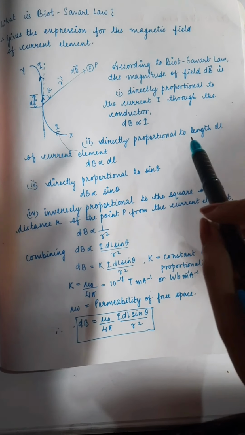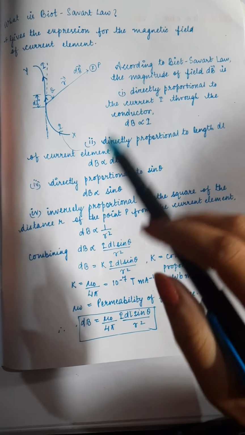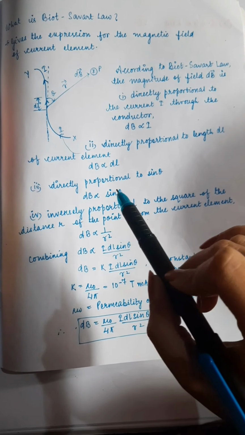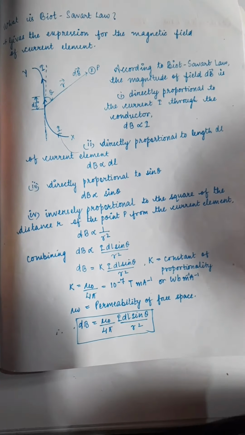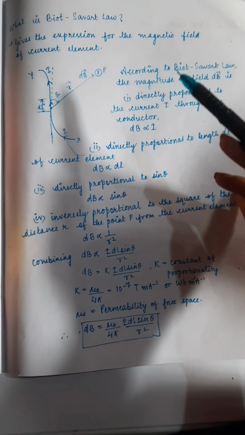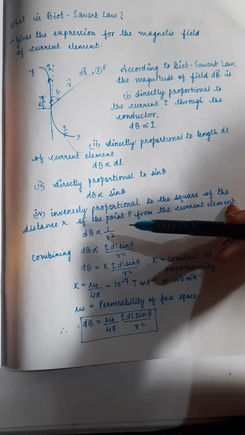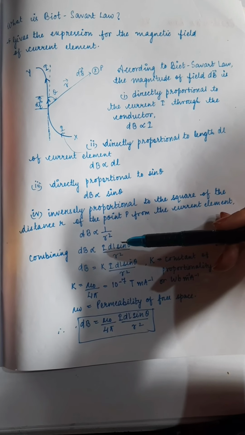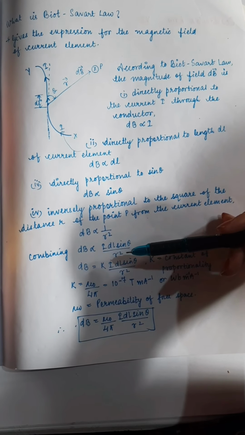It is directly proportional to sine theta, and it is inversely proportional to the square of distance from the current element. Now when we combine these four things, we get dB is directly proportional to I dl sine theta by r square.